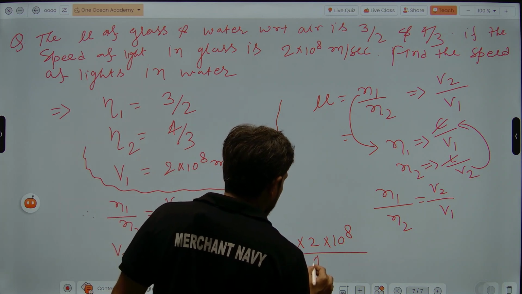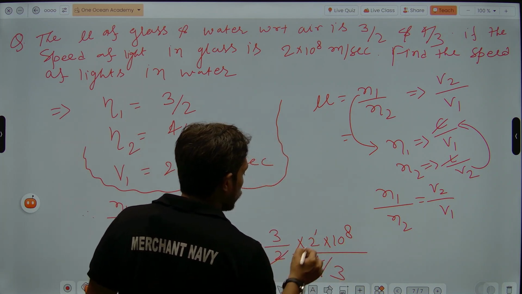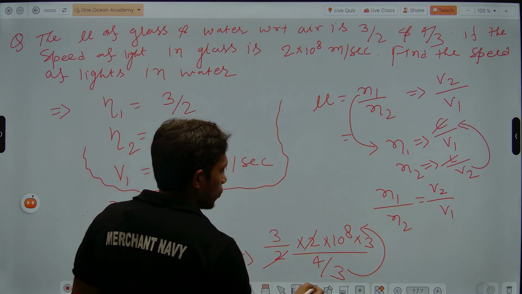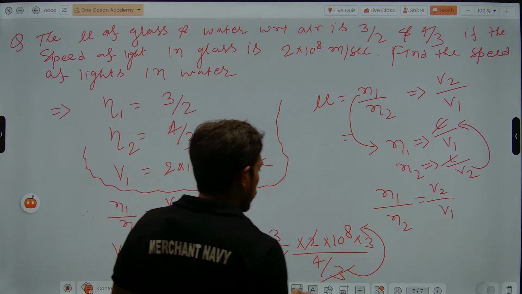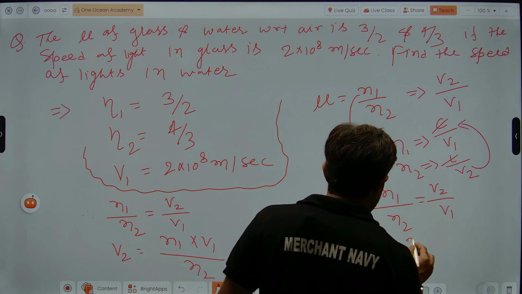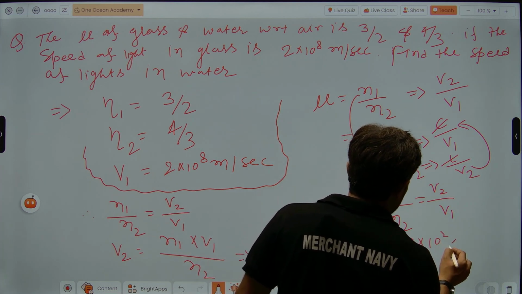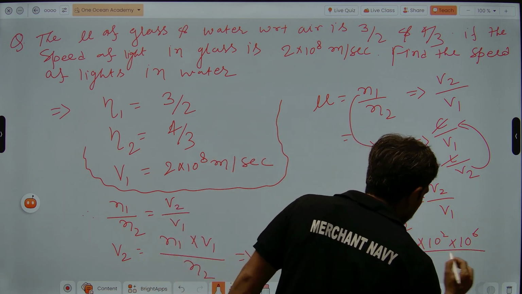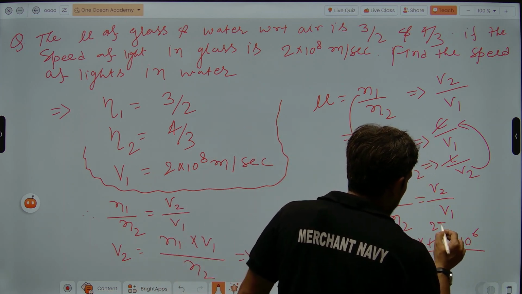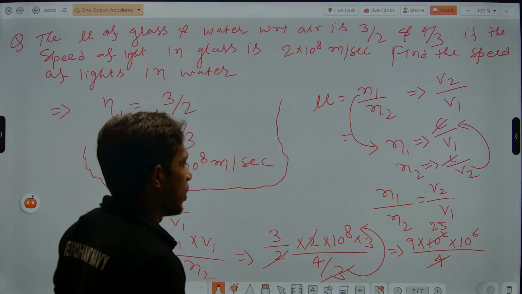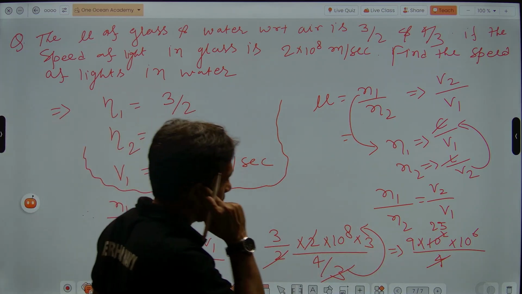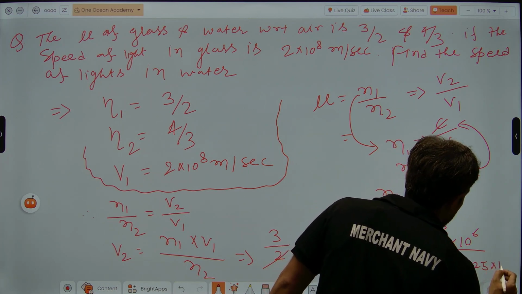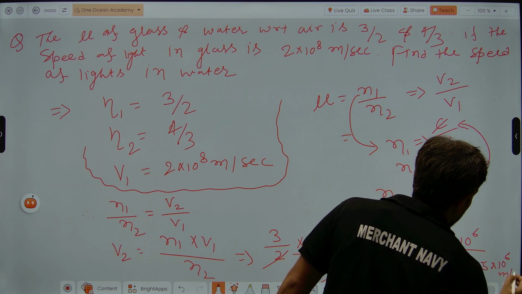4 by 3. So, 2 and 2 cancel and 3 goes here. So, that becomes 3 into 3 is 9, into 10 to the power 2 into 10 to the power 6, since 10 to the power 8 can be written as this, upon 4. 4 into 25. So, that will become 25 into 9, which equals 225 into 10 to the power 6 meter per second.